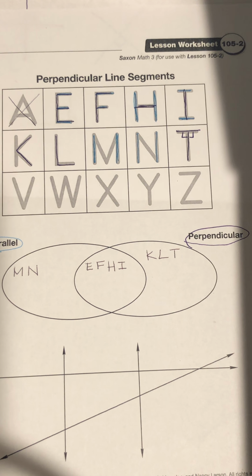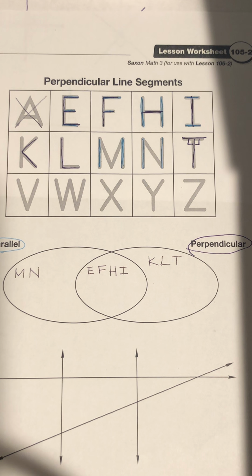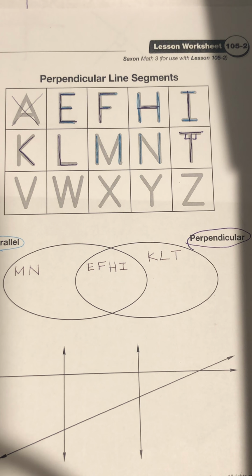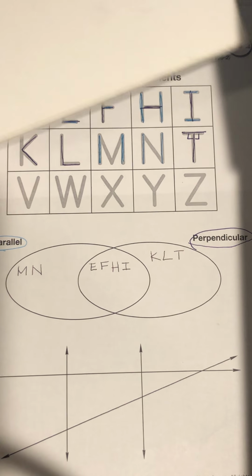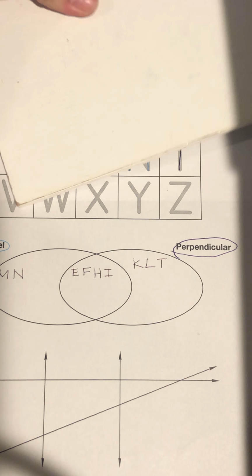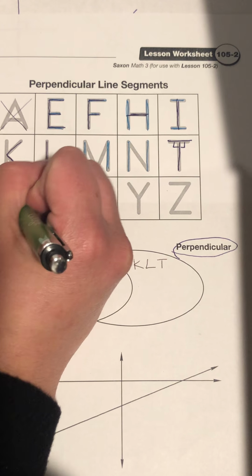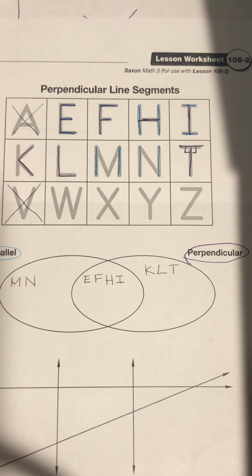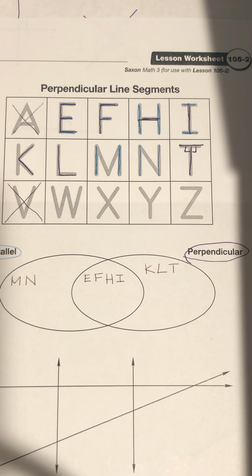What about V? Do you see any parallel lines in there? Not parallel, and I couldn't fit a corner in here, can I? That doesn't match that way. So V does not have parallel or perpendicular lines.